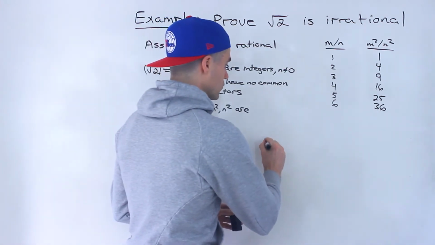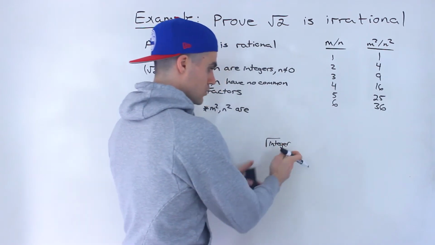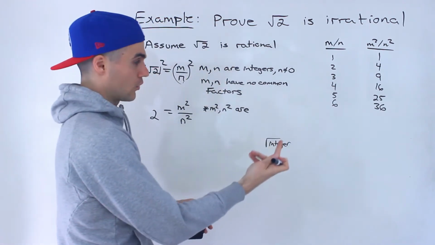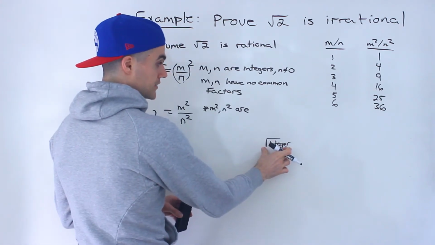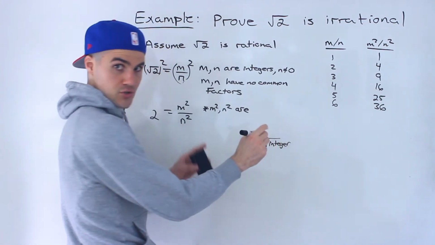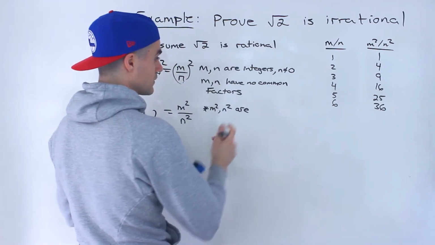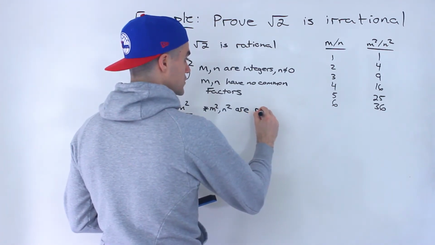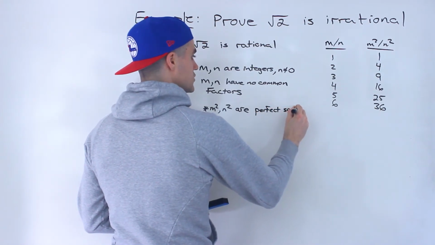Remember, the square root of an integer will either give you an integer or an irrational number. But if it's a perfect square integer, then the square root of that perfect square integer will give you an integer. So m squared and n squared, they're not just integers, they're also perfect square integers.